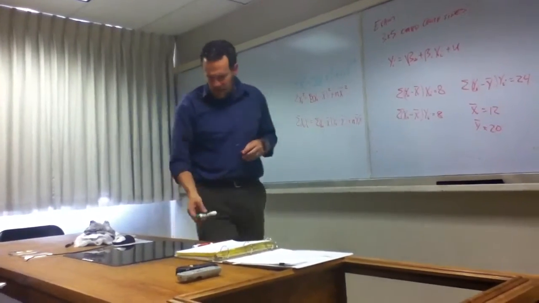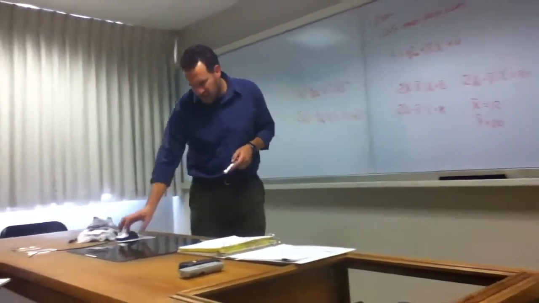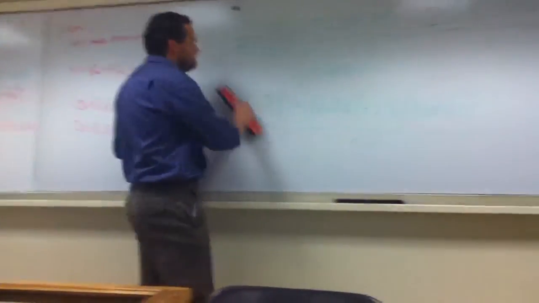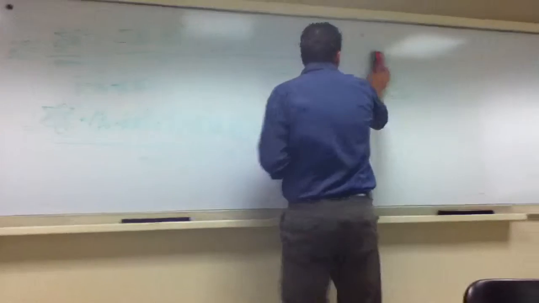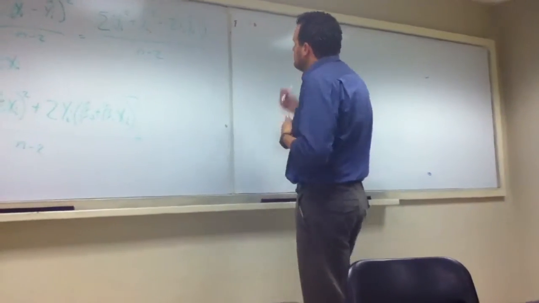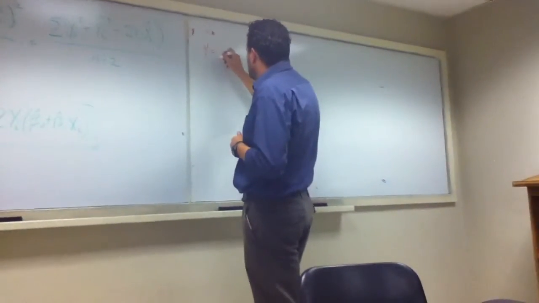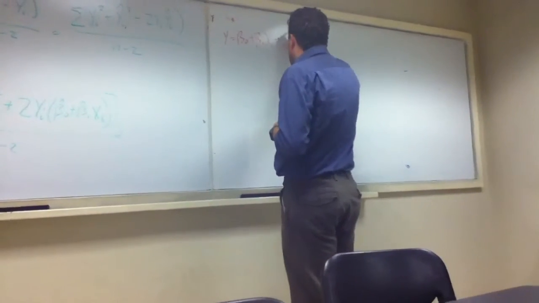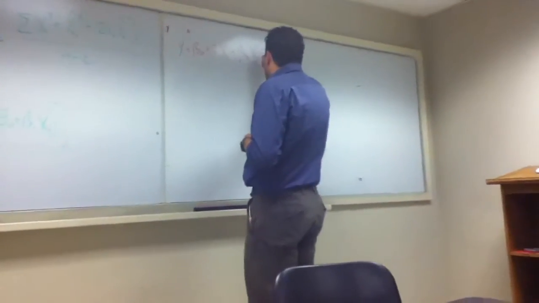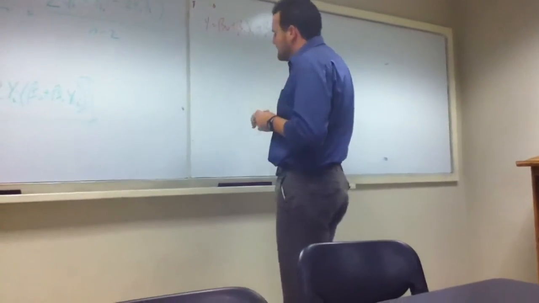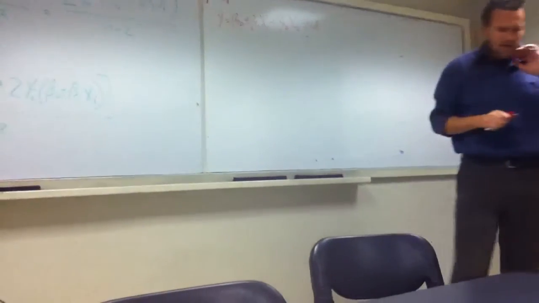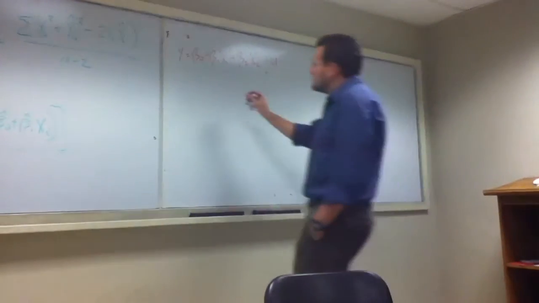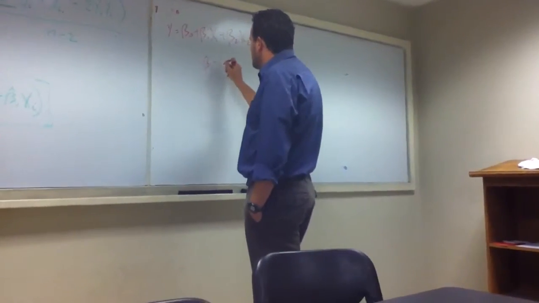One other question that comes up is on question 5 on that same exam, which says to calculate the confidence interval for beta 1 minus beta 2.